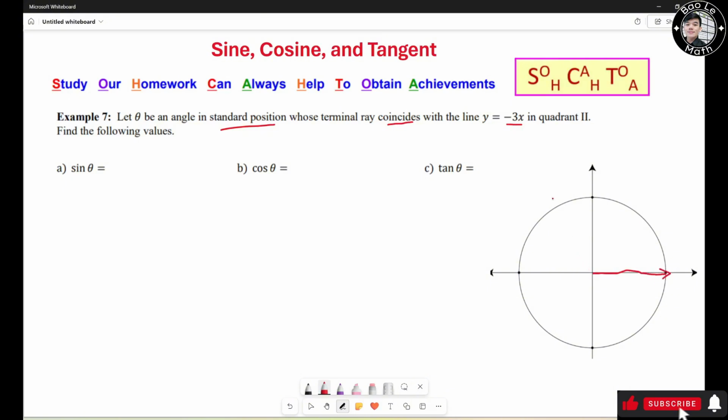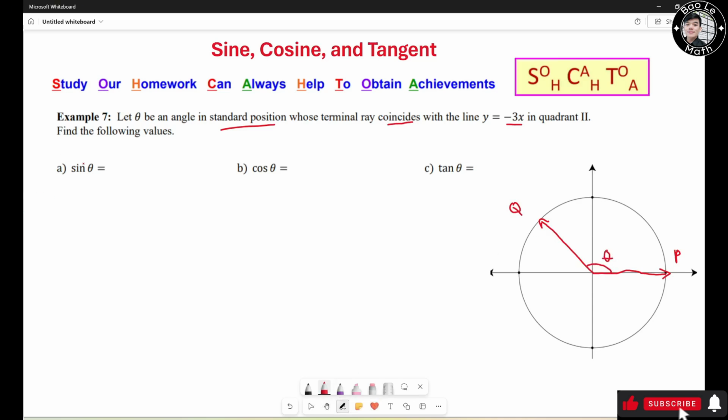Now the second quadrant is going to be right here. So the terminal ray is going to be something like this. So I call this point P, and I call this point Q, and this is actually the line y equals negative 3x. Now the angle theta is going to be this one.